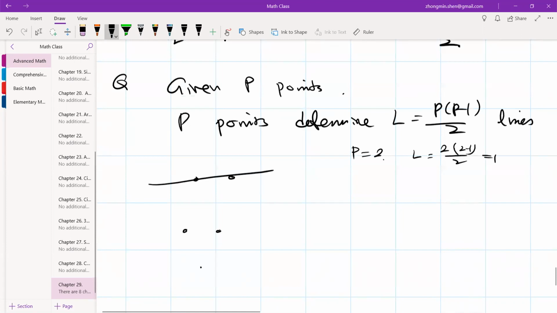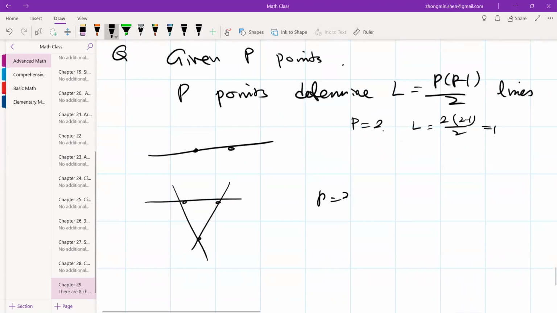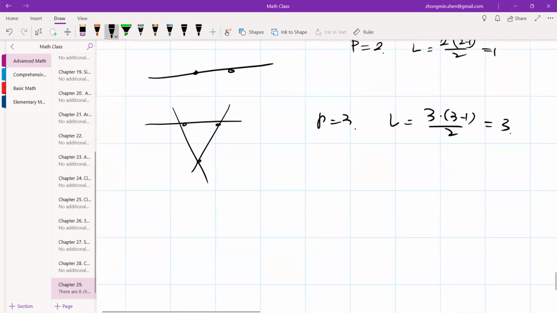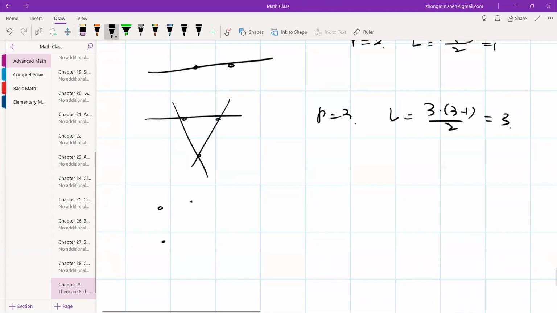So you have 3 points. 3 points determine 3 lines, okay? And the 4 points have 1 line, another line, another line, and this line, and those lines, right?